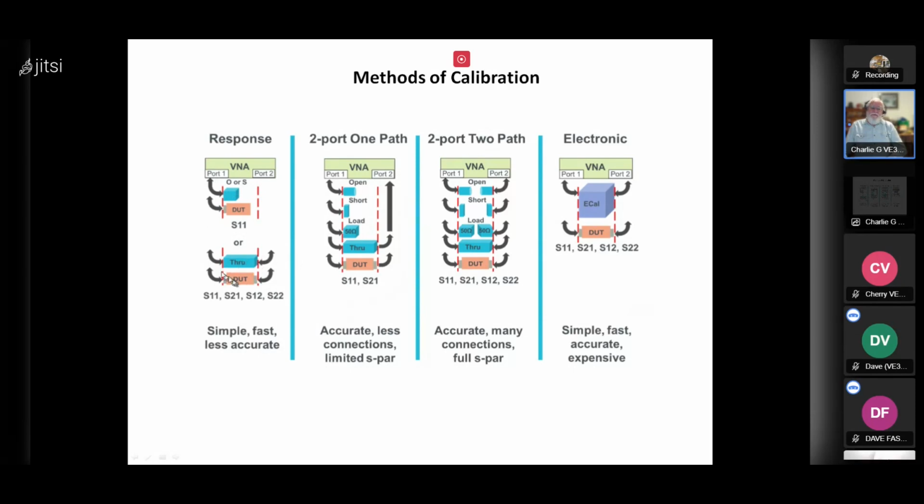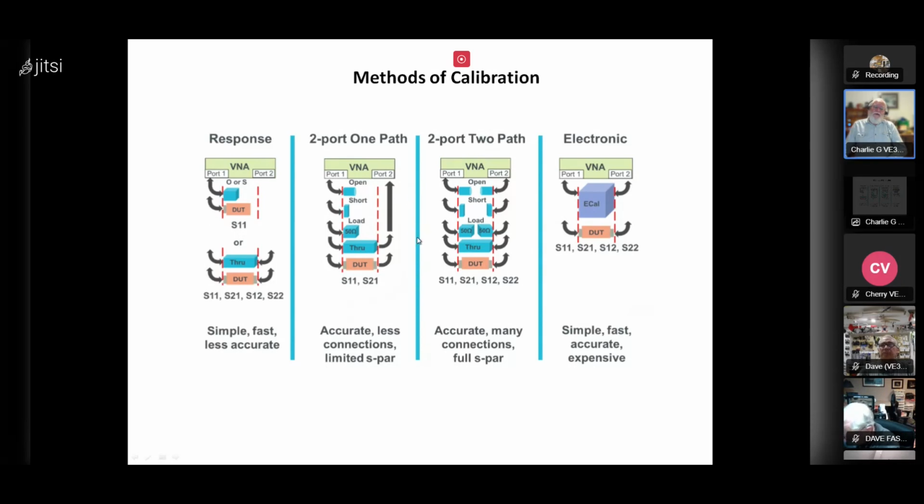Same with a through measurement. You do a quick zeroing of a signal through a short, and then the device under test gets stuck in. It's very simple, very quick to do it this way, but it is less accurate.